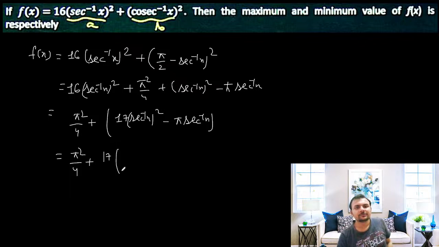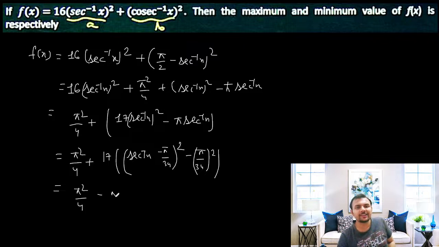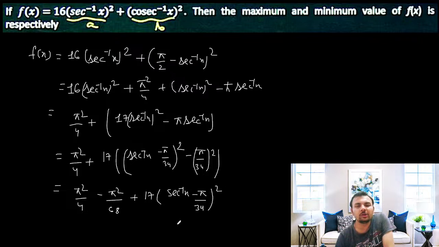We have nothing but (sec inverse x)^2 minus 2 into pi by 34 sec inverse x, which is (sec inverse x − pi by 34)^2 minus (pi by 34)^2, which is nothing but pi square by 4 minus pi square by 68, and we have 17 (sec inverse x − pi by 34)^2.